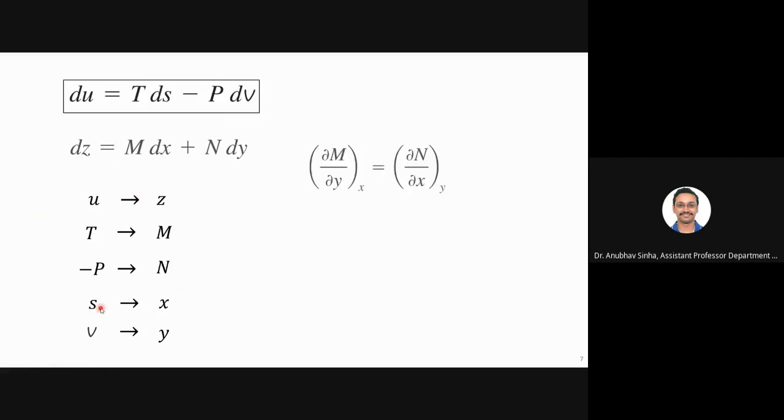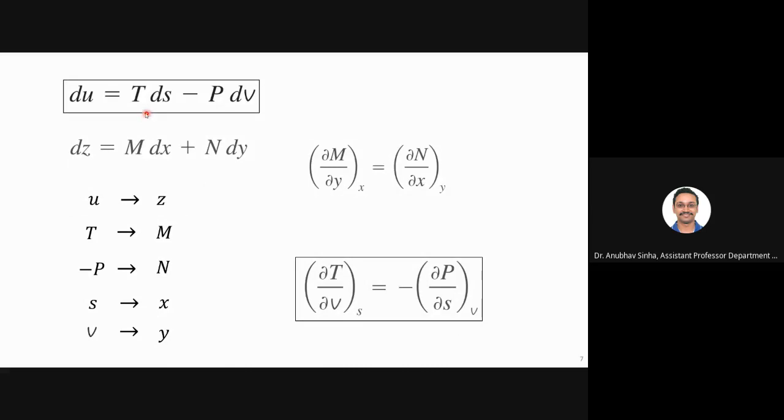Now, for this equation, we have seen that dM by dy is equal to dN by dx, right? So can I use the same logic for this equation? Yes, sir. Okay, so I will write what is dM by dy. M is T, so I can write del T divided by del y. Del y is del V. So del T by del V at constant x. What is x?